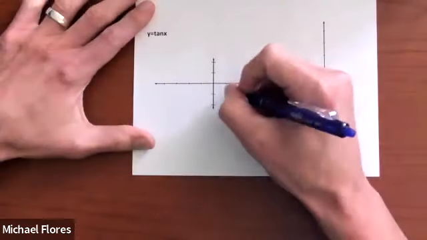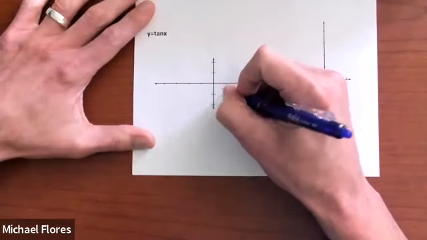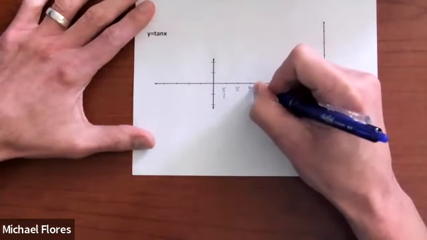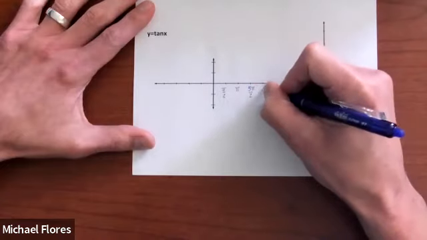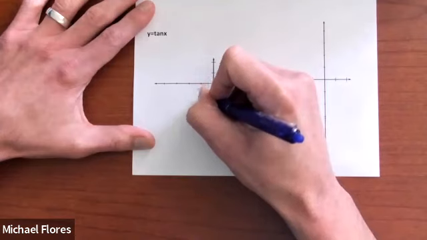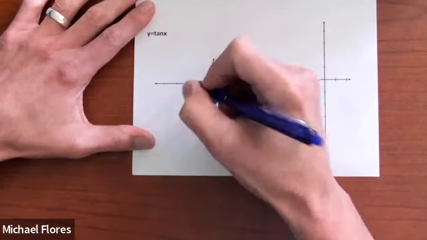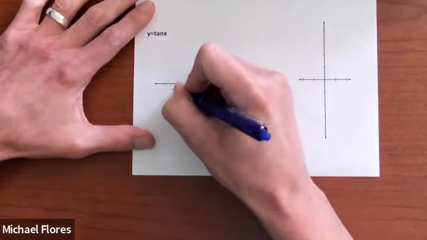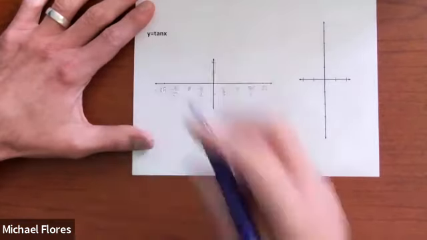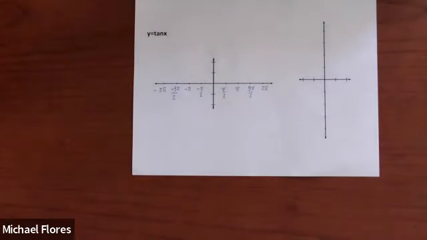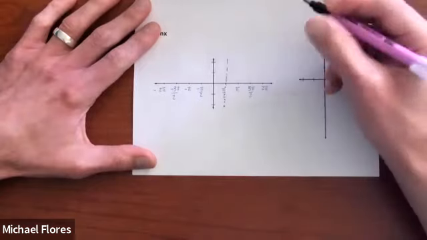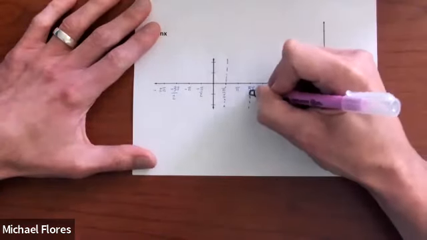Tangent of x. Let me start labeling my intercepts here. And remember, this is that really wonky function that has vertical asymptotes at odd values of pi over 2.